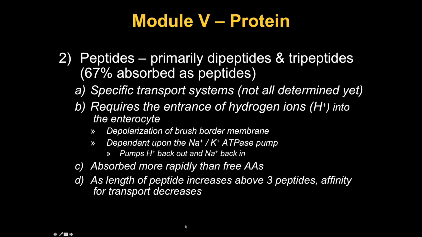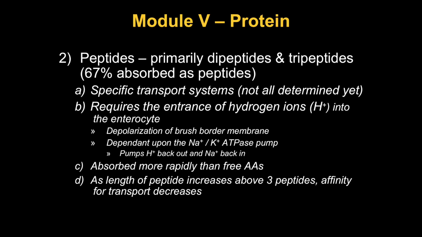So we also absorb protein as peptides in the form of dipeptides and tripeptides. That is two amino acids put together to make a dipeptide, and three amino acids to make a tripeptide. 67% of protein is going to be absorbed as these peptides.